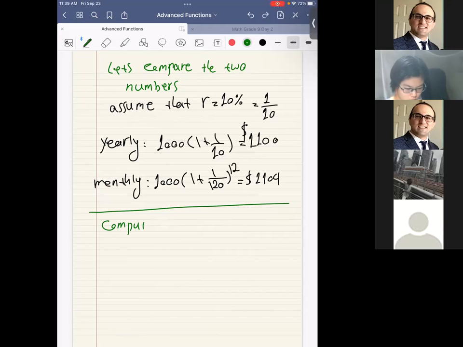So you have to divide R by 365. I mean, instead of R, you can just put 10%, but it doesn't matter. It can be anything.